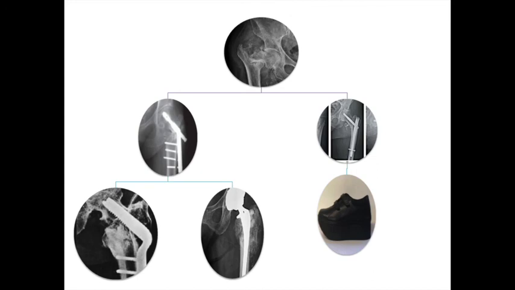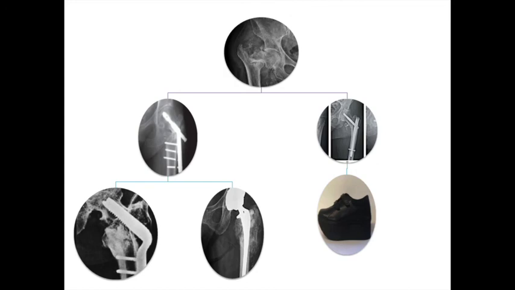If it is a painless limp with a 2 centimeter shortening in a 75-year-old patient who has reached his pre-injury mobility inside his house, I would reassure him and maybe give him some amount of a shoe raise if it is acceptable to him, and recall him for a re-evaluation after a few weeks.